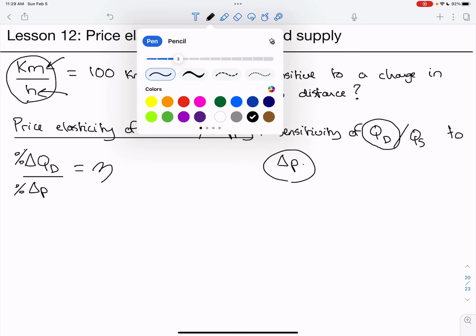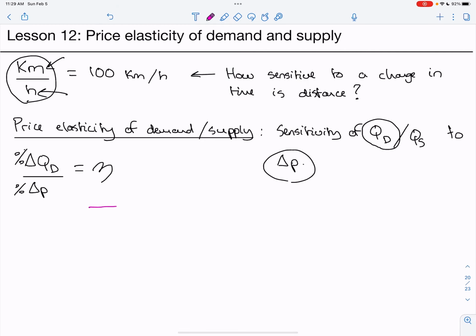And this essentially answers the question, when price goes up by 1%, okay. Actually, let's make it a little more general than that.